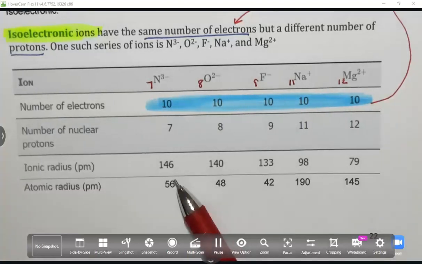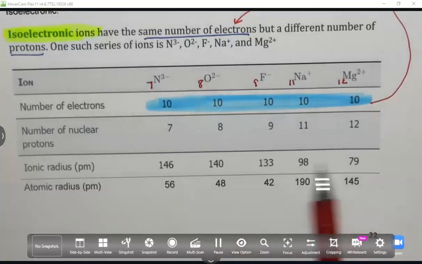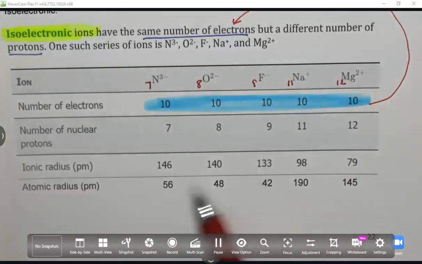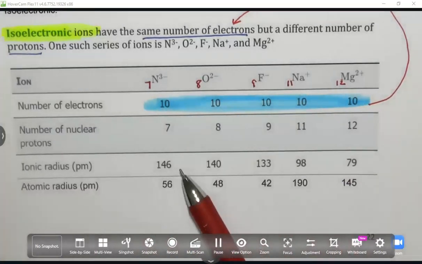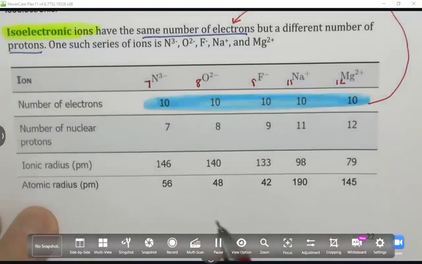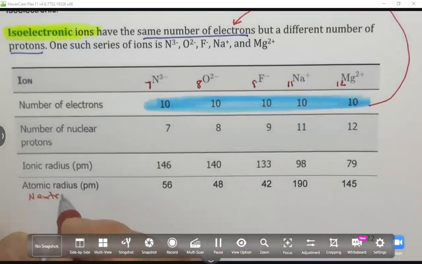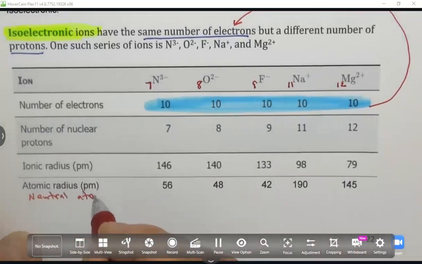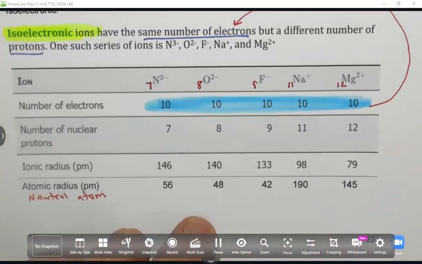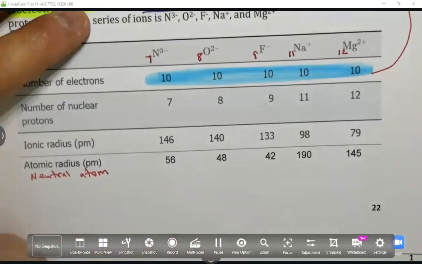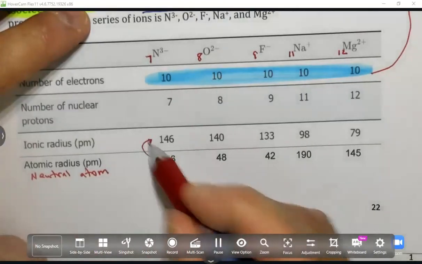And this actually has our radius on here. Ionic radius and atomic radius. The atomic radius is the neutral atom. So if you go from the neutral atom, this is more than double.